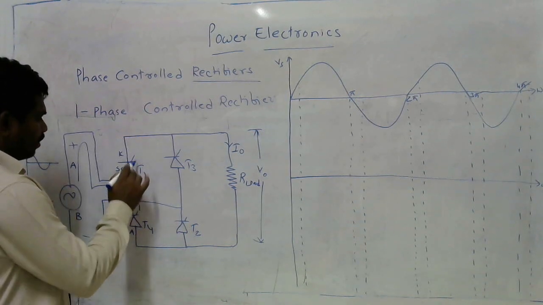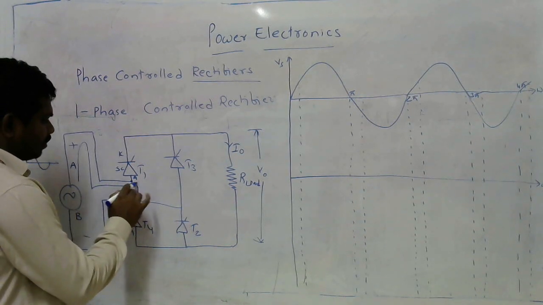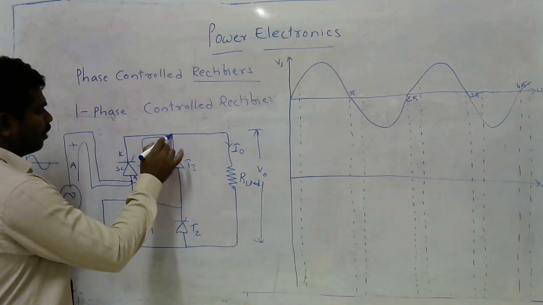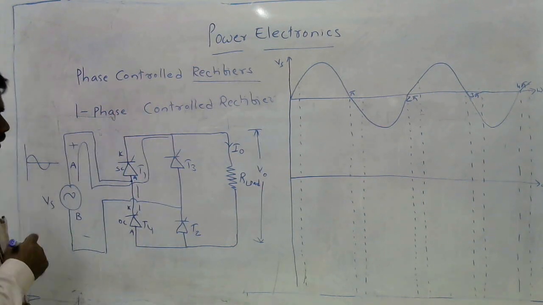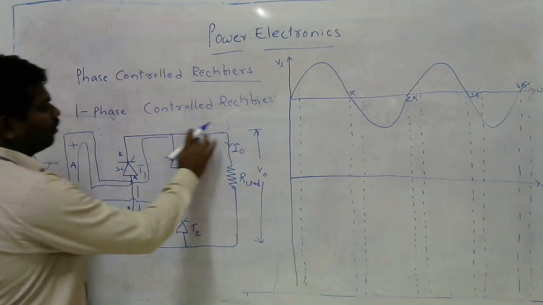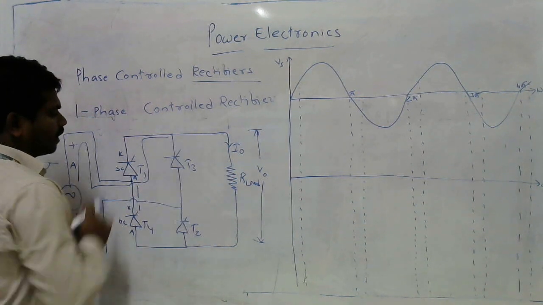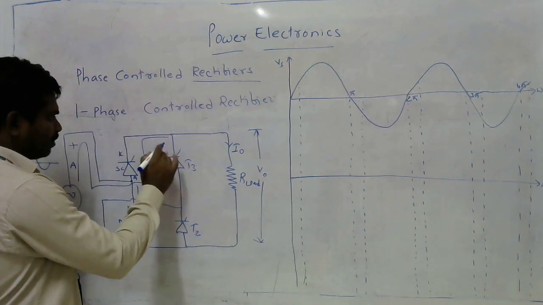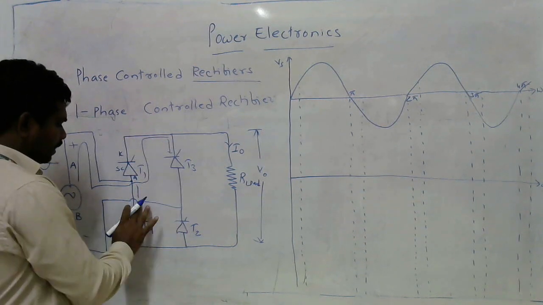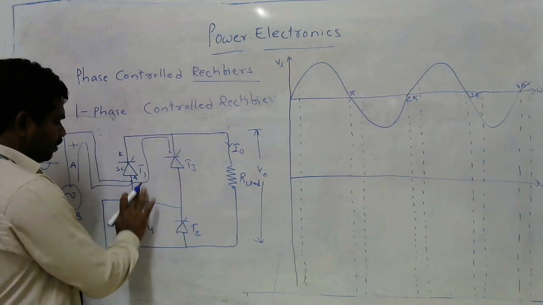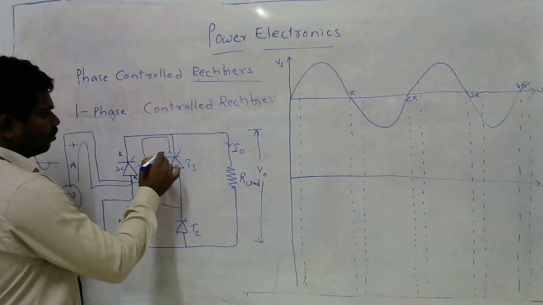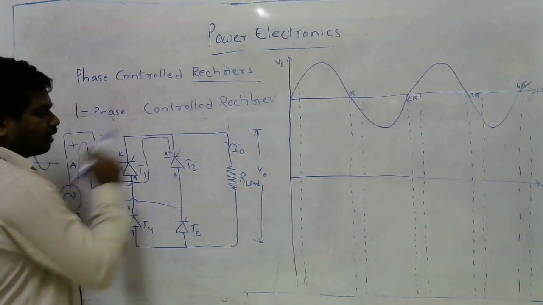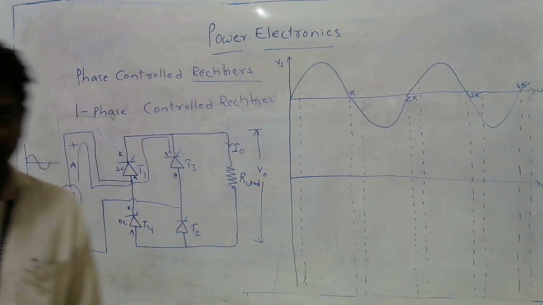Then the current path goes like this and enters again into a node point. Again we have two paths for our current. Suppose our current tries to move this side. This is the cathode terminal, this is the anode terminal, so the cathode is more positive than the anode.